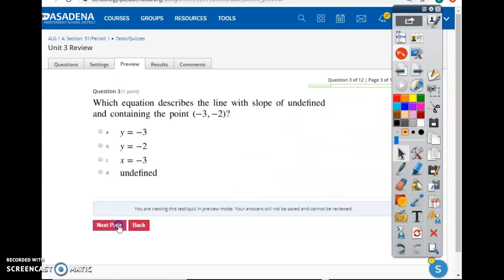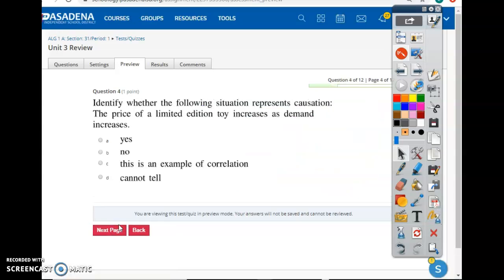Problem number 4. Okay, causation. One thing that causes the other. So does this, the price of a limited edition toy, increase as the demand increases? Is that true or false? Does one thing cause the other thing?